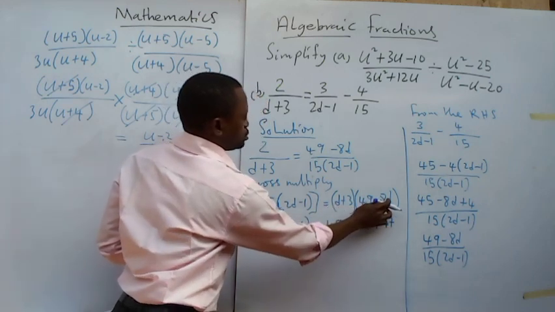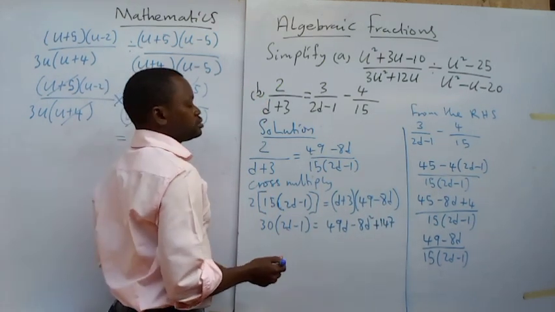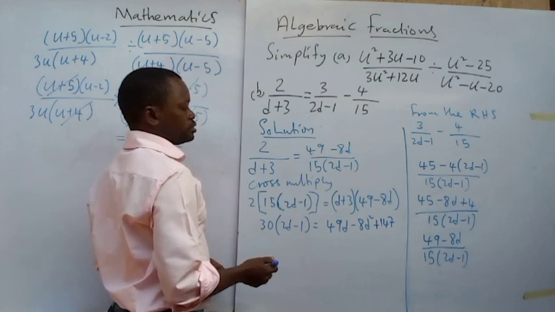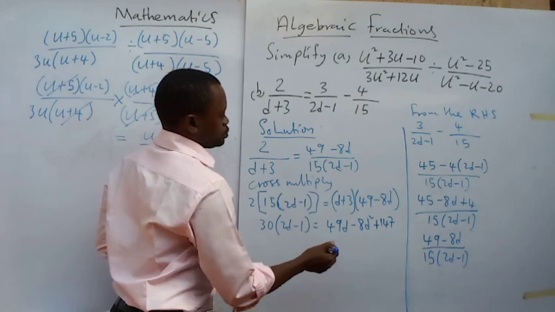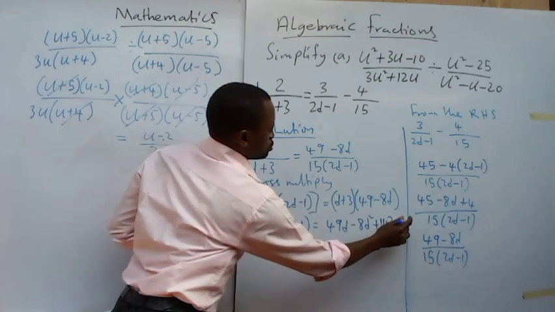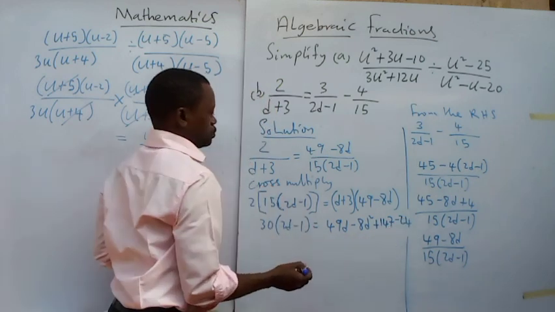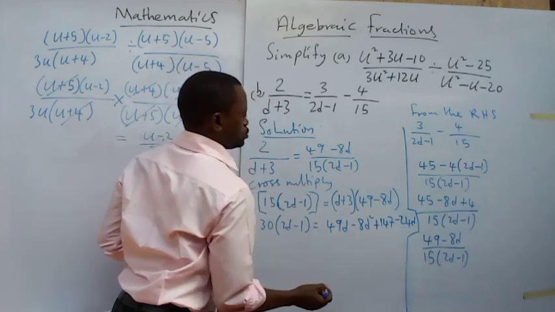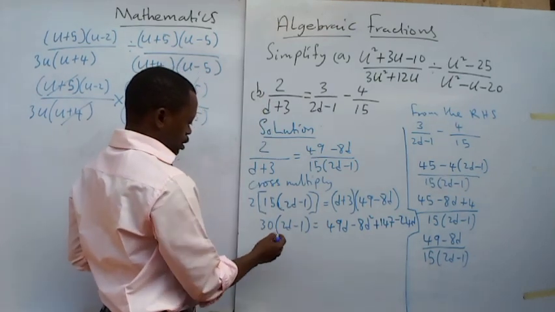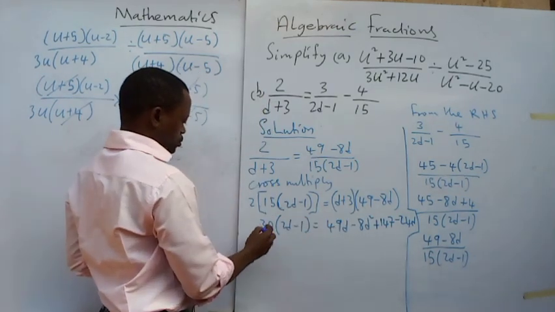And then 3 times 8 is 24. So this is minus 24d. So I can open this bracket and bring these ones together.